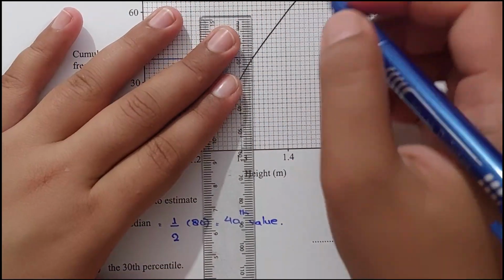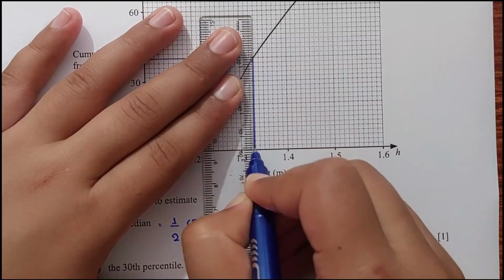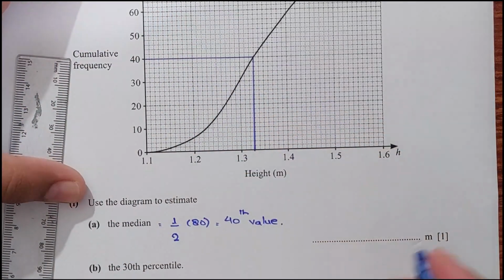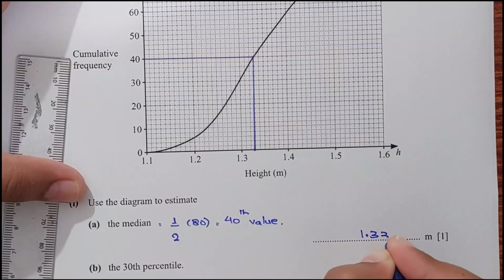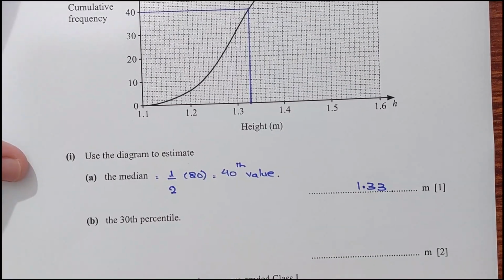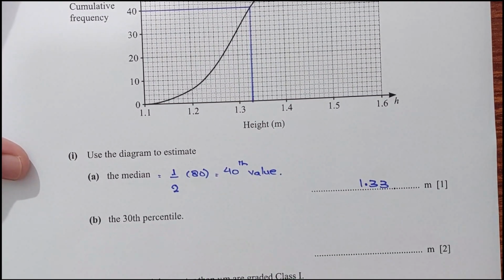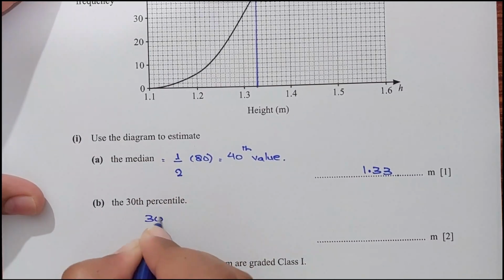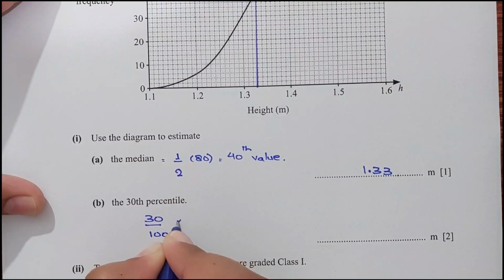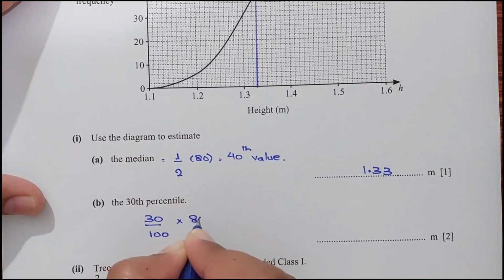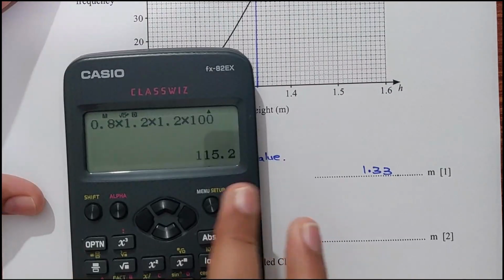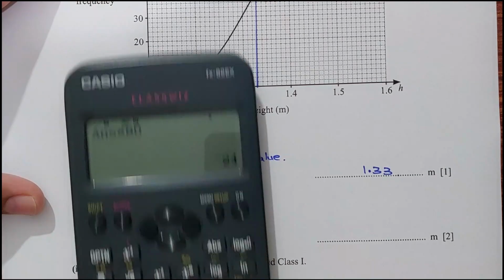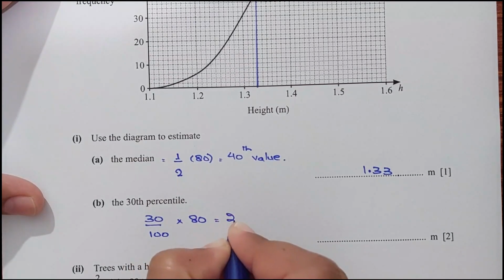Okay, and this is 1.31, 1.32, 1.33 meters. Right, now for part B, the 30th percentile. For the 30th percentile, we can say 30 out of 100 multiplied by the 80 trees total. So 30 divided by 100 times 80 is the 24th value we have to find.